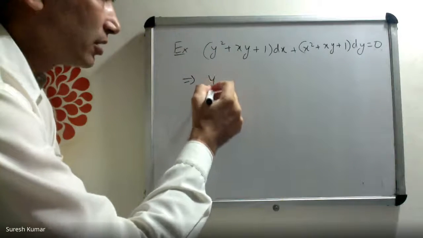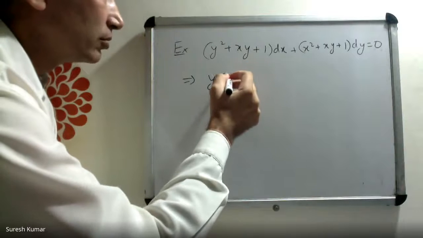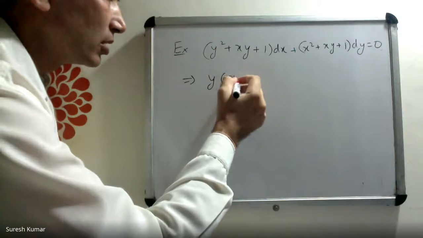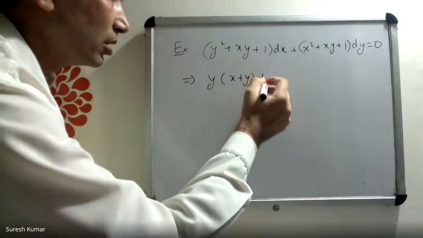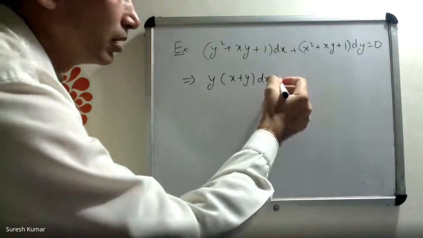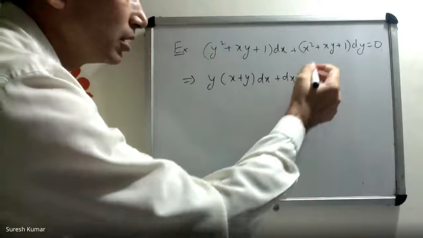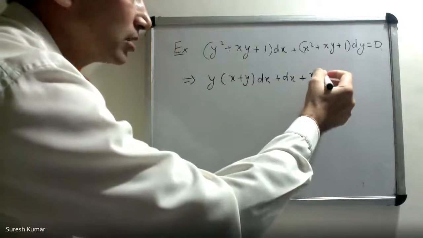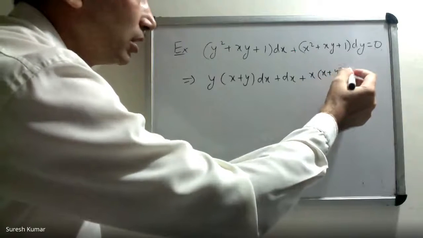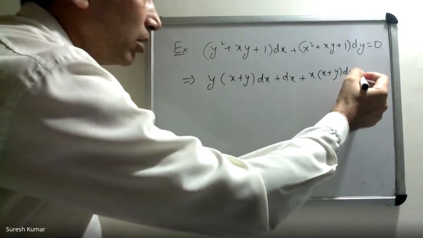I can arrange the terms like this: y into y plus x, or you can say x plus y dx plus dx. Here x is common, x into x plus y dy plus dy equal to 0.